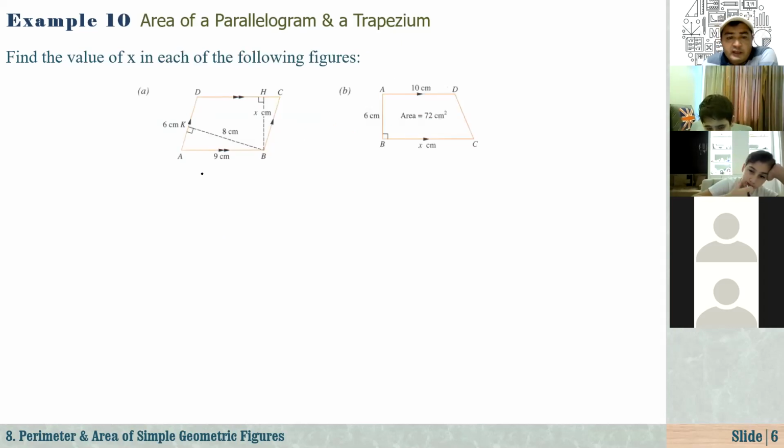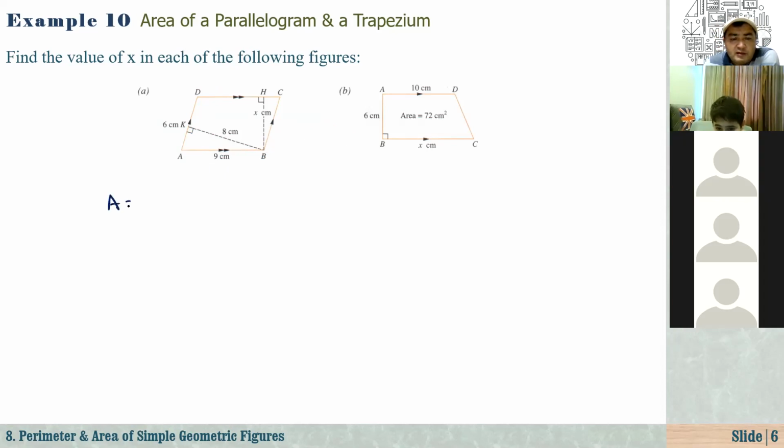So here, in two different ways, we can find the area of a parallelogram, right? I can take AD as base, and the height from B to AD. What is the area of this parallelogram? Base AD is 6, and height is 8. Or if I take BH as height to the base DC, I can write it as BH times DC.